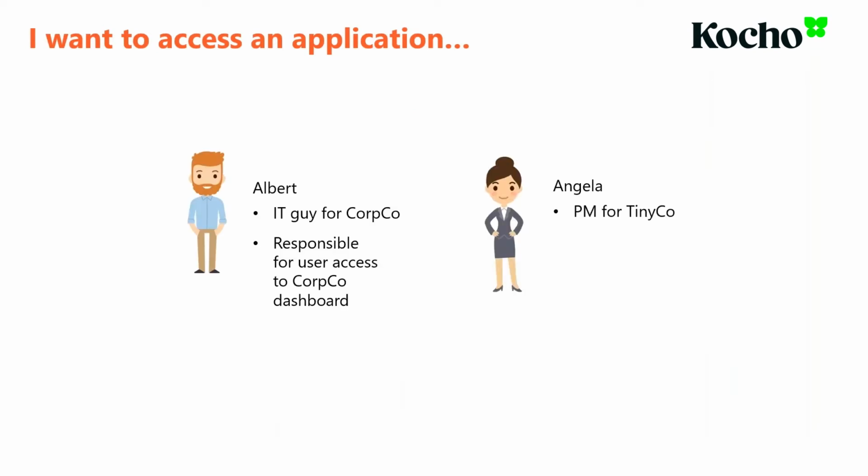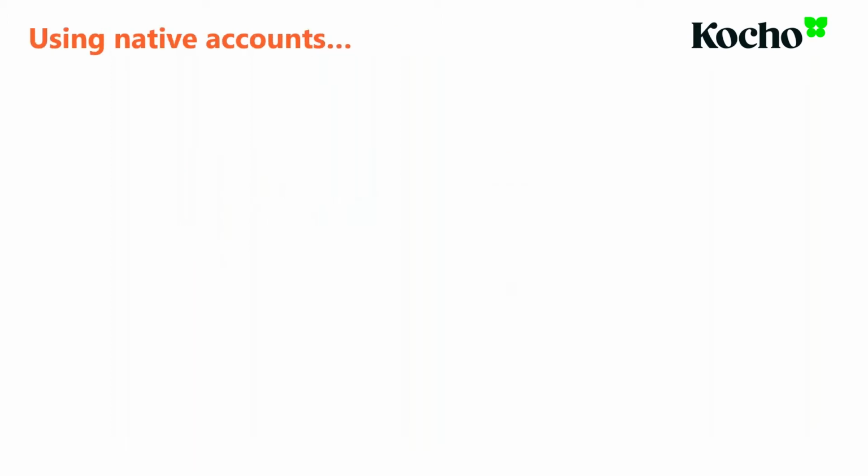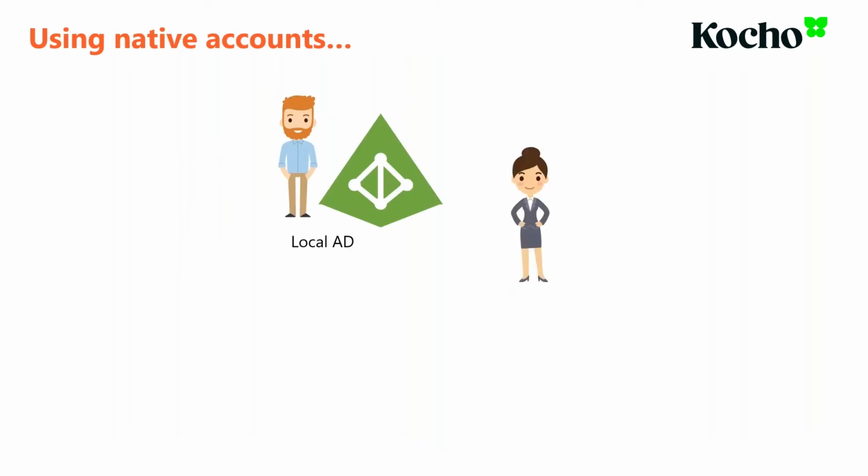So this is a typical scenario where you want to do business with externals. Albert here works for an IT company, any kind of company in IT, and he needs to provide Angela, an external user, with access to, for example, a dashboard. So in the past, that's been done with native accounts.